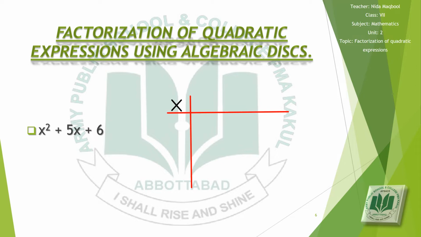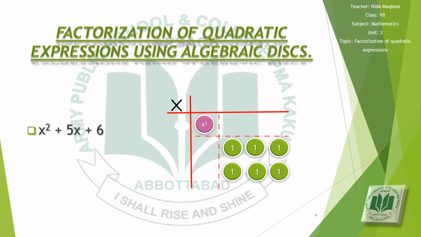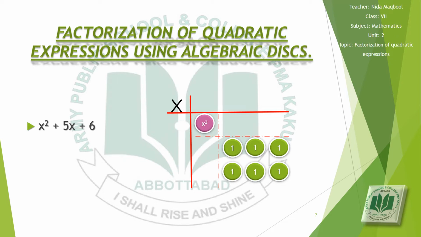Now let's place them in their appropriate region: x squared at the top left and 6 1 disks at the bottom right region. Now we put in 5 x disks to form the rectangle.